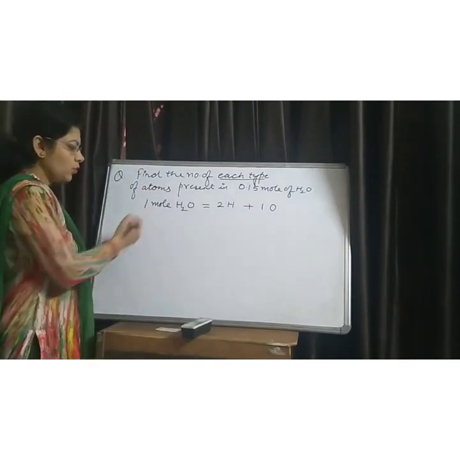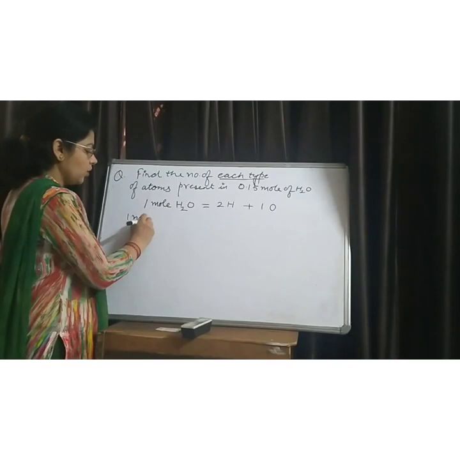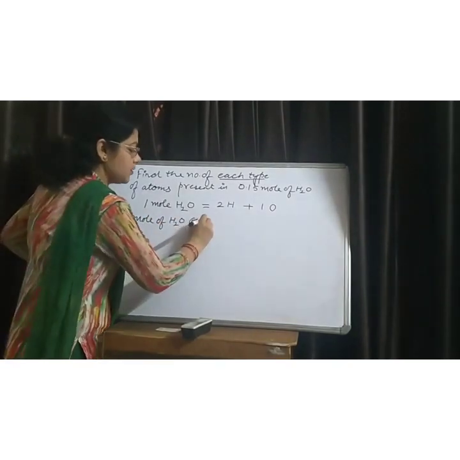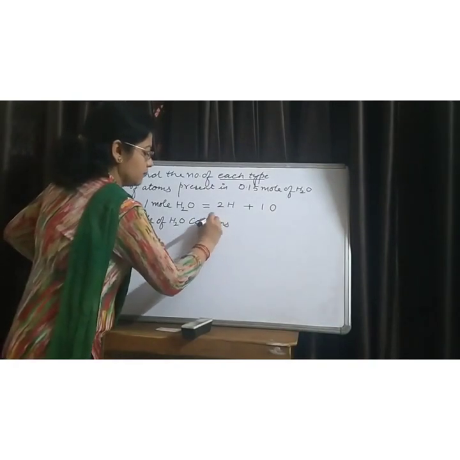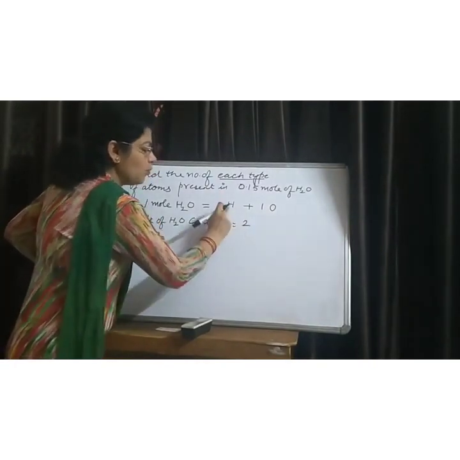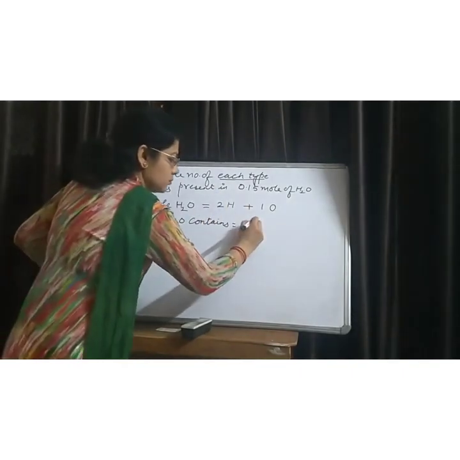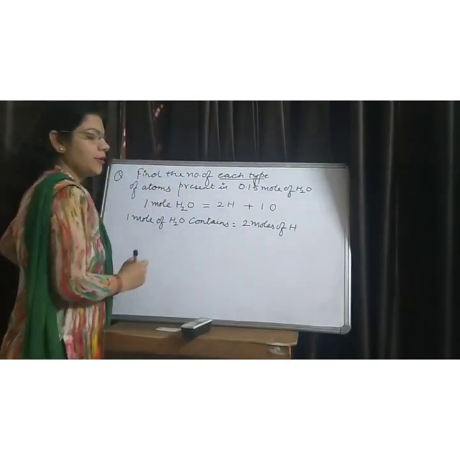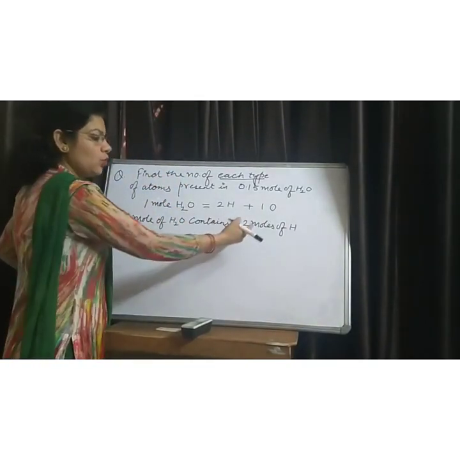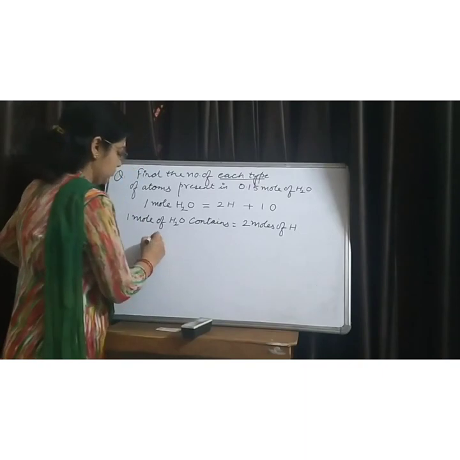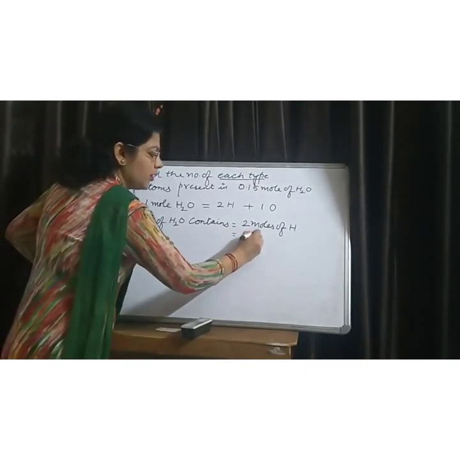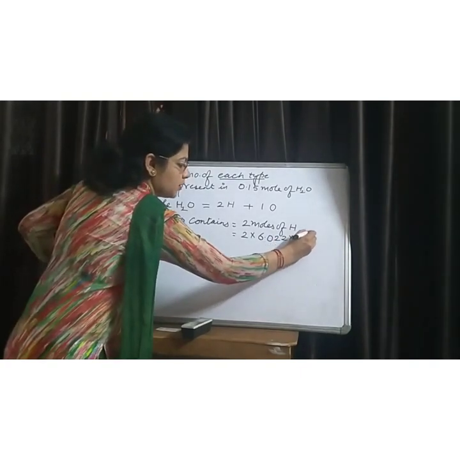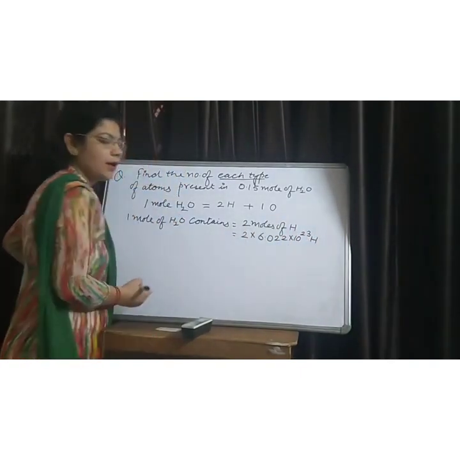For this, we know that 1 mole of water contains 2 moles of hydrogen atoms. 2 moles means 2 into 6.022 into 10 raised to power 23 hydrogen atoms.